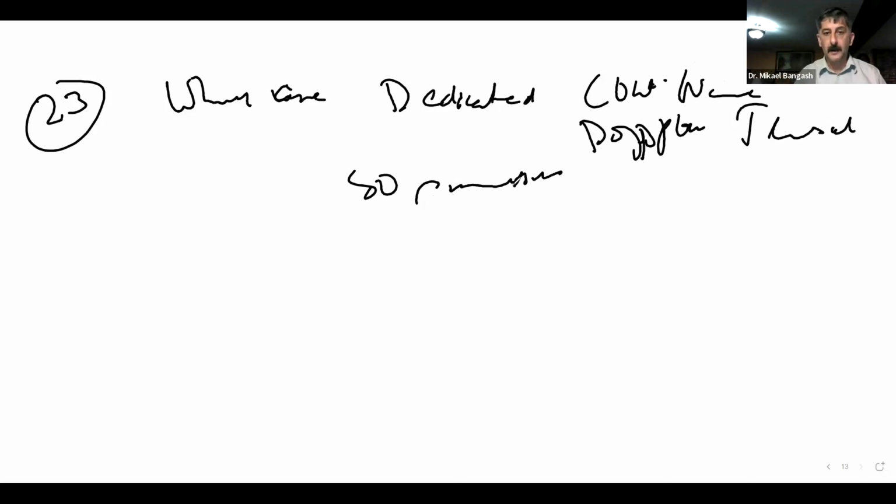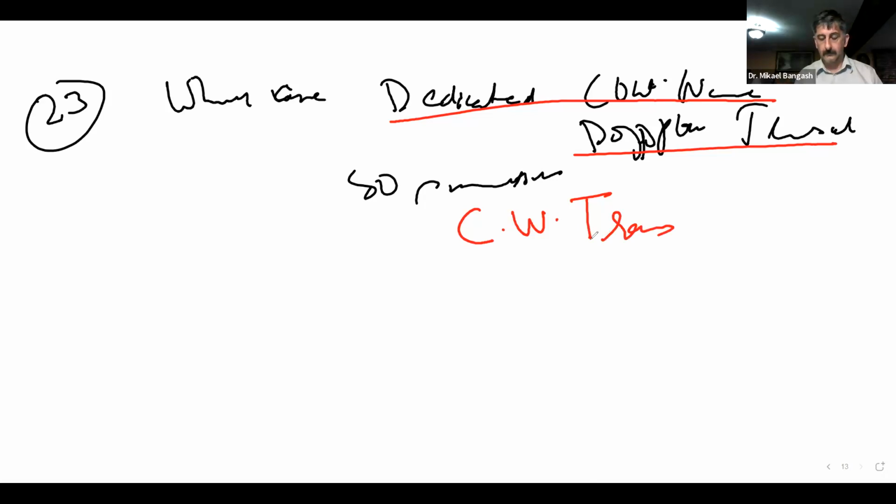Now just keep in mind, girls, that this name here, dedicated continuous wave Doppler transducer, is mainly another name for that continuous wave transducer that we found on page 313.